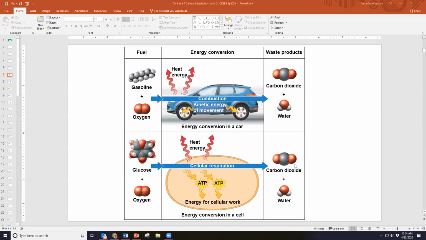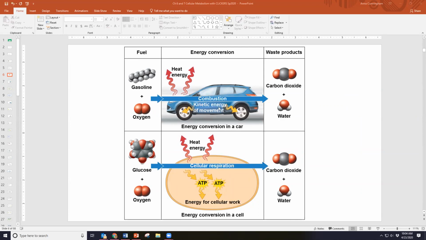Gasoline is a hydrocarbon molecule, meaning you have a long line of carbons attached to hydrogens, and you also have some oxygen going into this reaction. A car takes fuel, gasoline, and puts it through the engine to turn it into movement.